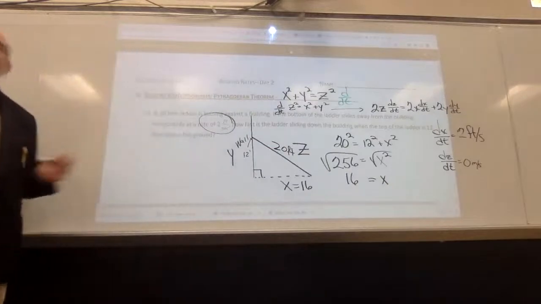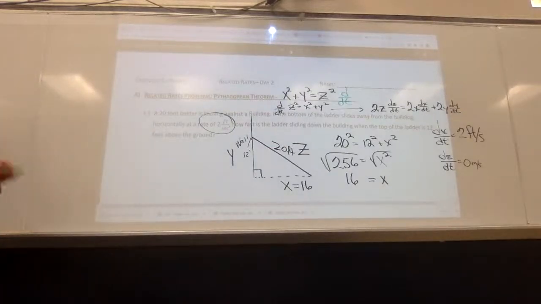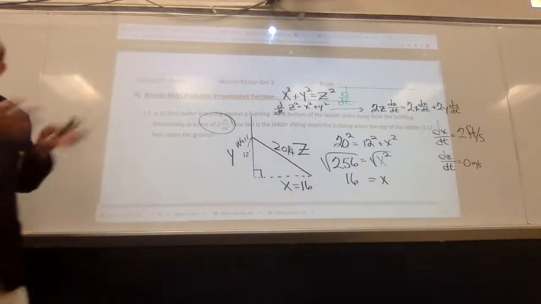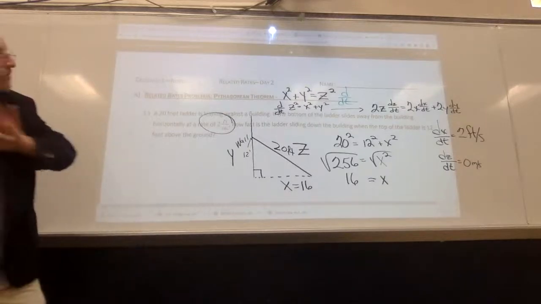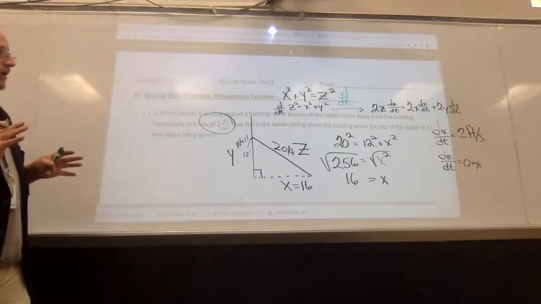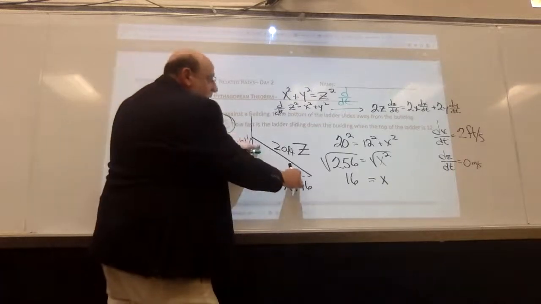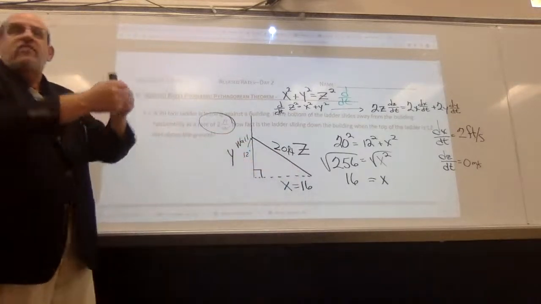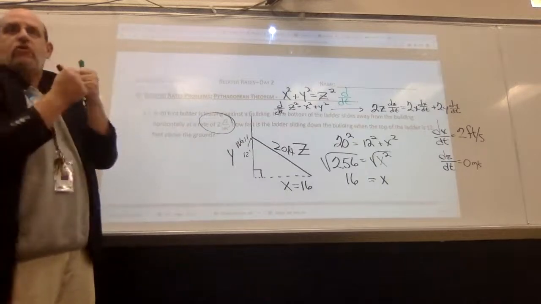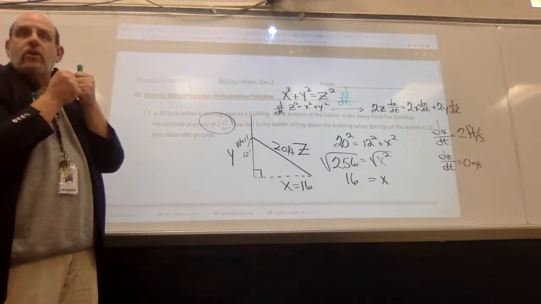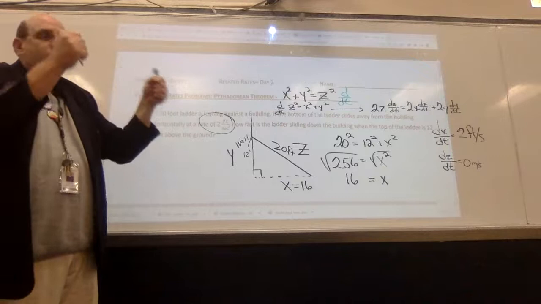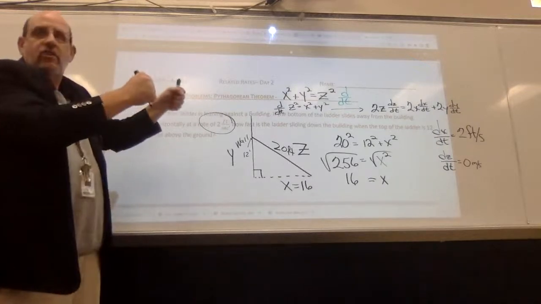It won't change. So this is really cool. We have all of this information that we can use and then move on with. Why do we know dz/dt is 0? Because the length of the ladder never changes. It's not an expandable ladder or a contractible ladder. So the length of the hypotenuse will never change.